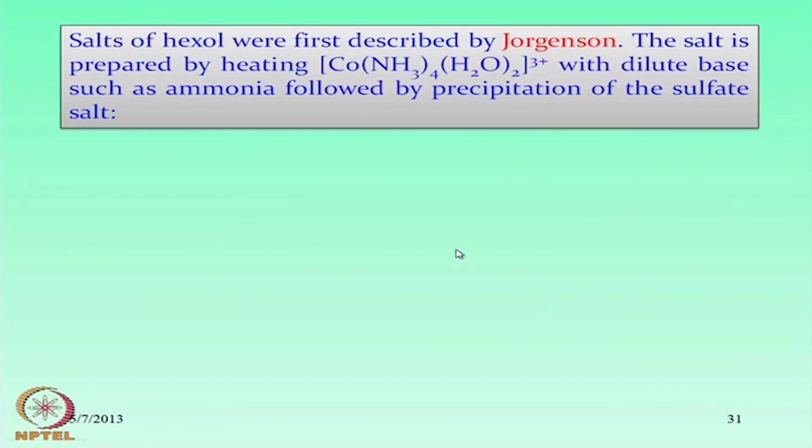One such good example was made by Jørgensen, a famous person who worked on all these molecules for many years and described the molecule as hexol. This salt can be prepared by simply heating the corresponding diaqua compound of tetraammine cobalt(III) with a dilute base such as ammonia.